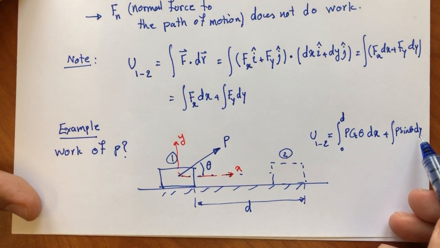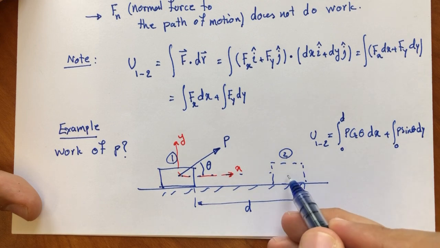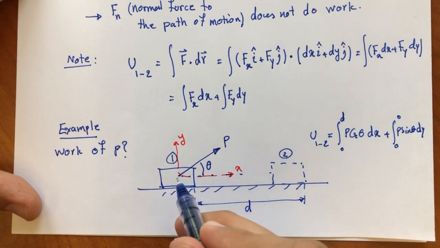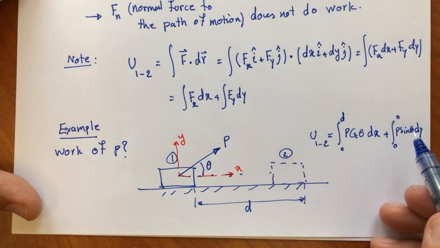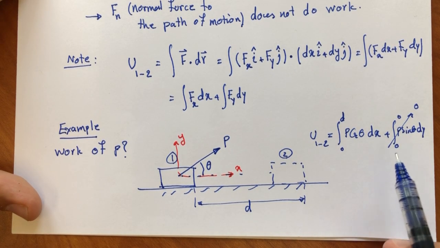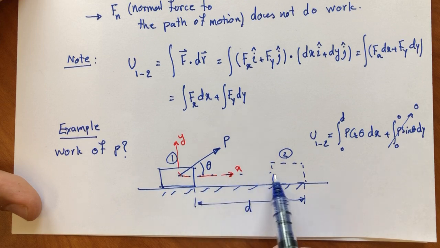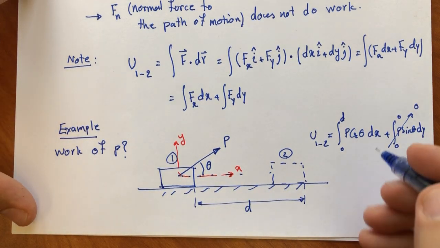For this one, which we have dy, y of this point is 0, y of this point is 0 as well. It is 0 all the time. So we are going to have integral from 0 to 0, which is 0. And also, in other words, the y component of the force is always perpendicular to the direction of the movement, so it's not going to do any work.